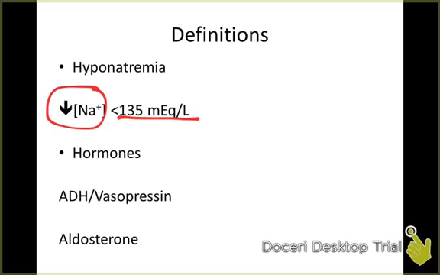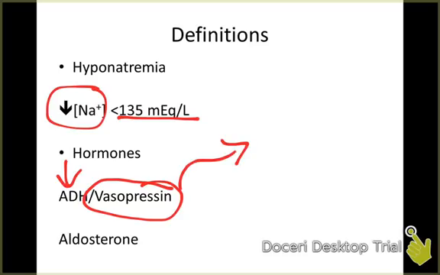Okay? So when we talk about hyponatremia, there's a couple of hormones that we really need to discuss before going forward. The main hormone I think you heard about back in your endocrine course is vasopressin, otherwise known as antidiuretic hormone, or ADH. And the importance of ADH is to make sure you understand that when you say antidiuretic hormone, what's happening in the kidney is you are now preventing the kidney from losing water.